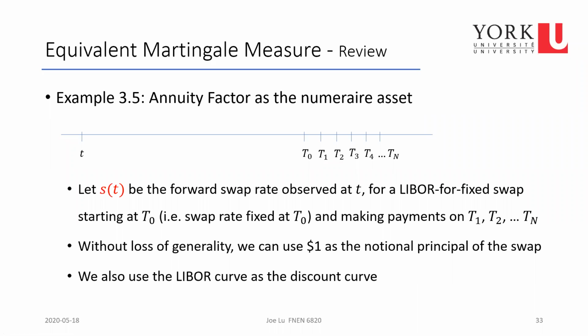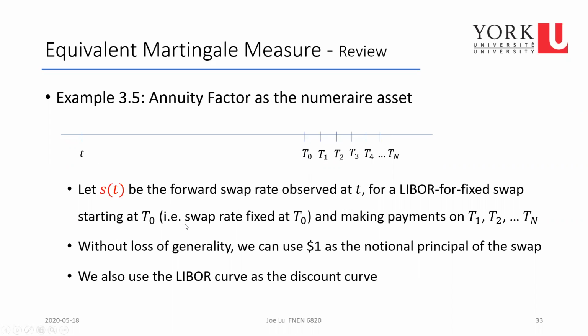In earlier lectures, we talked about that if we have S_T, which is the forward swap rate observed at T, for a swap where the rate is fixed at T, big T_0, with payments coming at T1, T2, and so on.